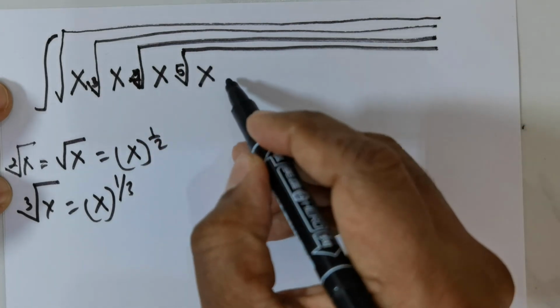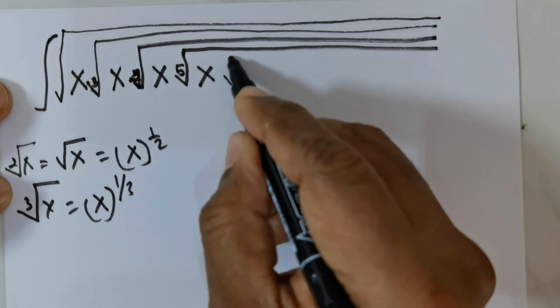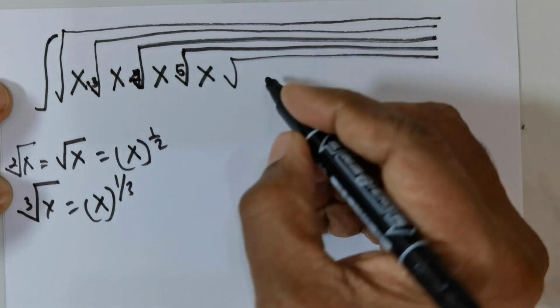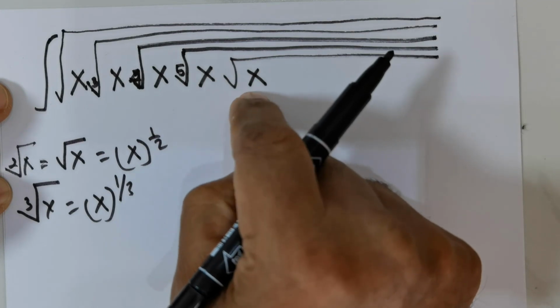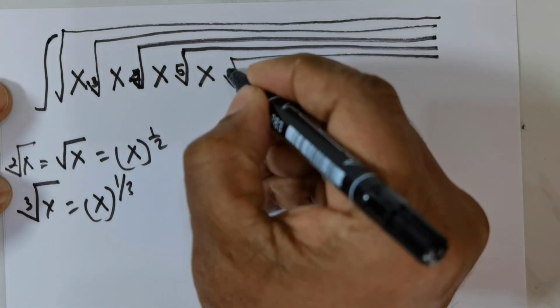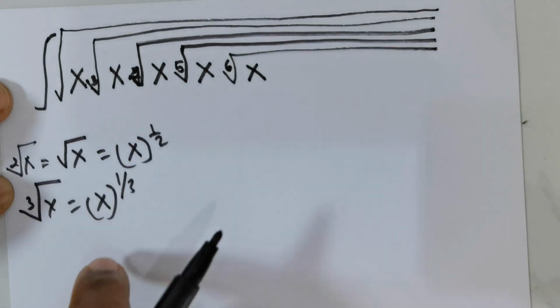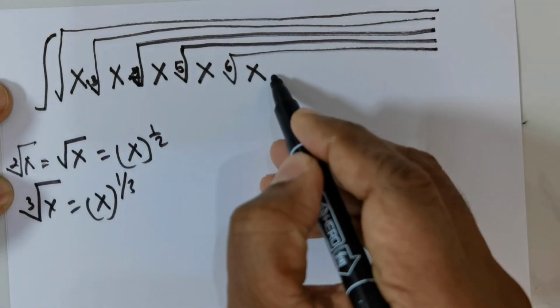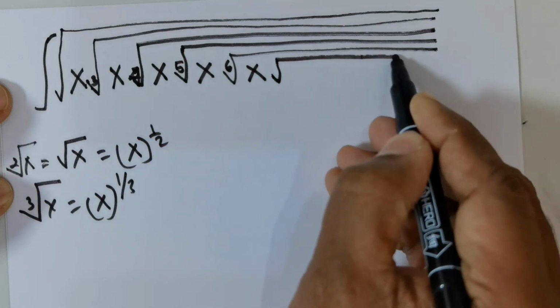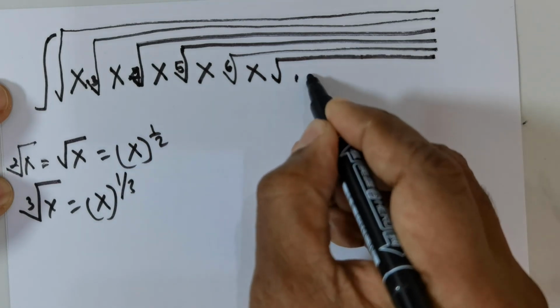Now this is followed by another square root, which is represented in this manner, and then inside this wedge it has got 6. So the representation goes on. So I will just place a square root like this, and then I will just place 3 dots.